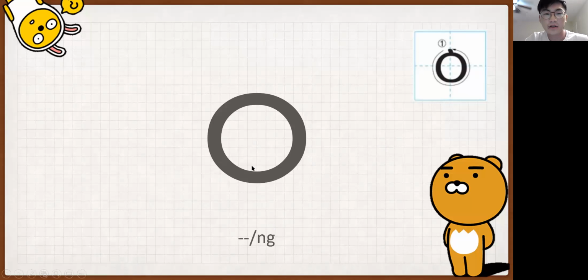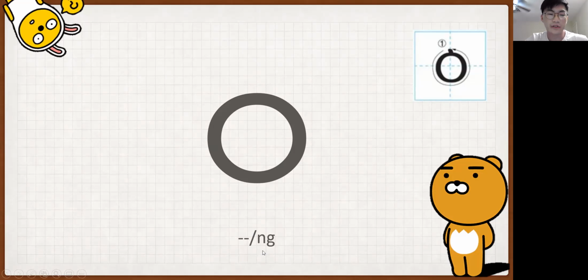Okay, this is called 이음. So this letter, initially, will be silent. This is the silent consonant, right?